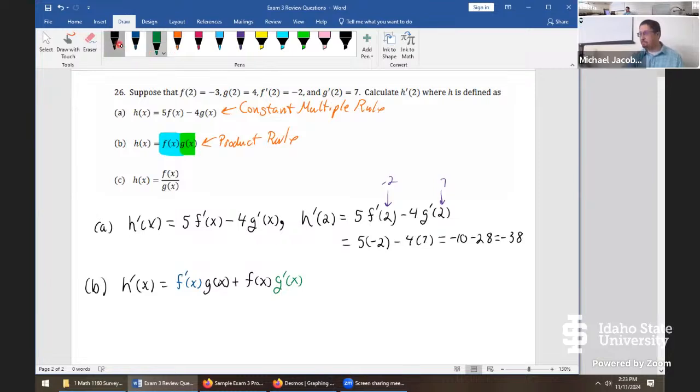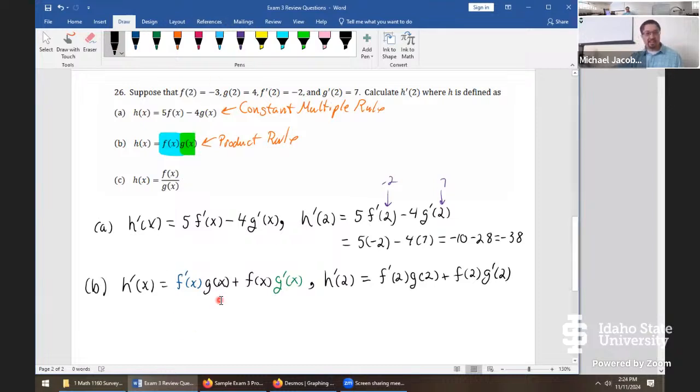So once we get there, we're ready for the next step, h prime at 2 for this particular function. So it'll become f prime at 2, g at 2, plus f of 2, g prime at 2.